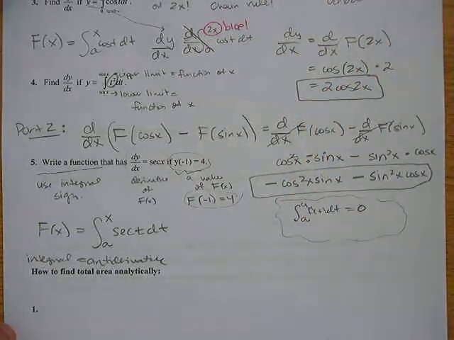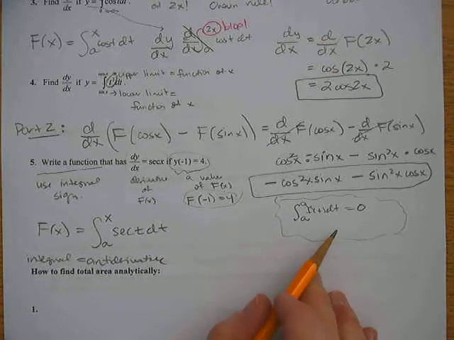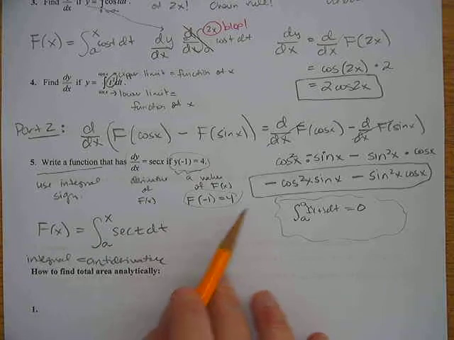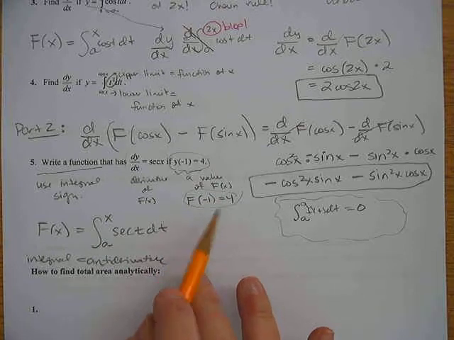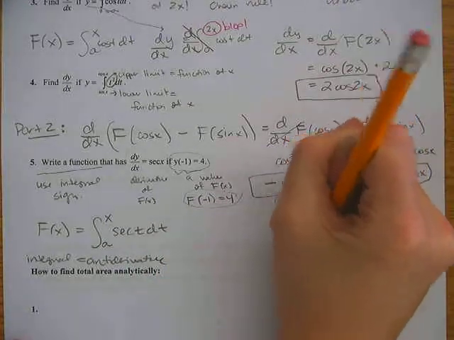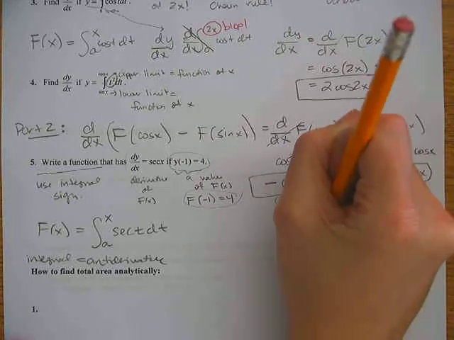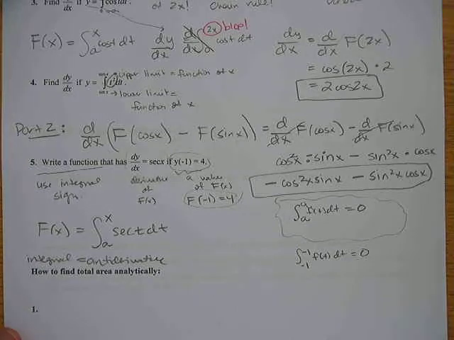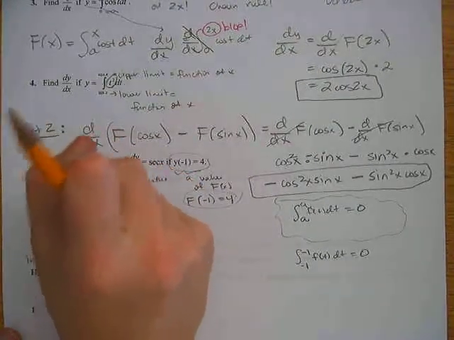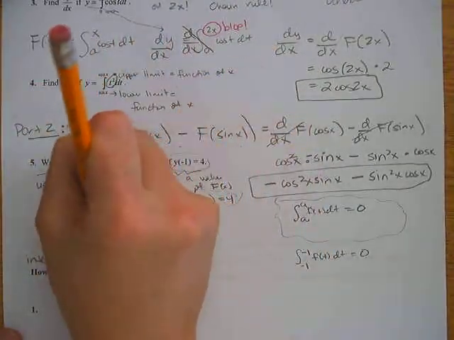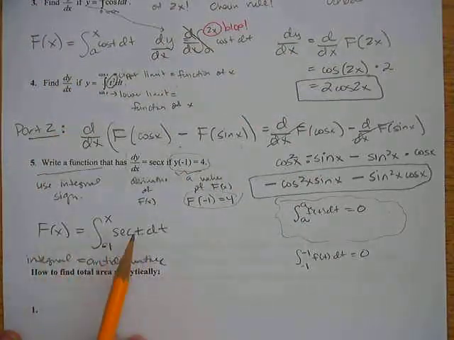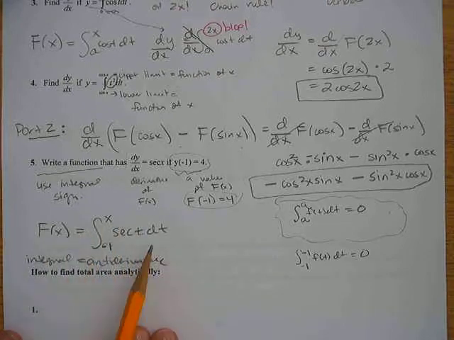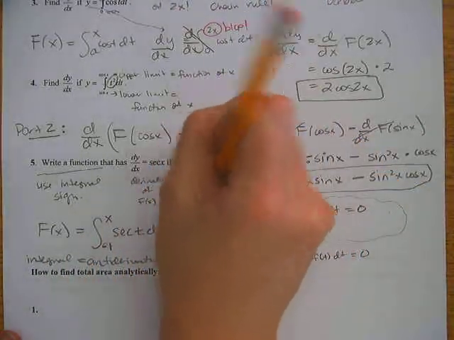But then the question is, what do I do with this point on f? If you think back to one of our properties of integrals, if I integrate something from a to a, that equals 0. I can use that fact to help me with this -1, 4 thing. If I did an integral from -1 to -1, I would have 0.